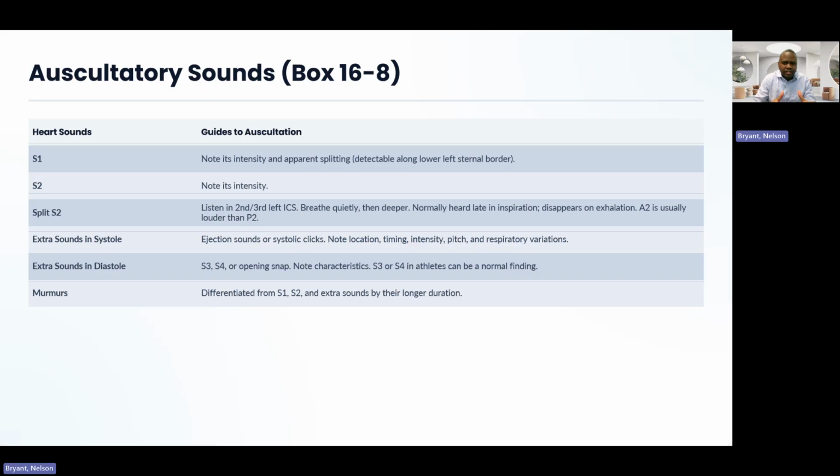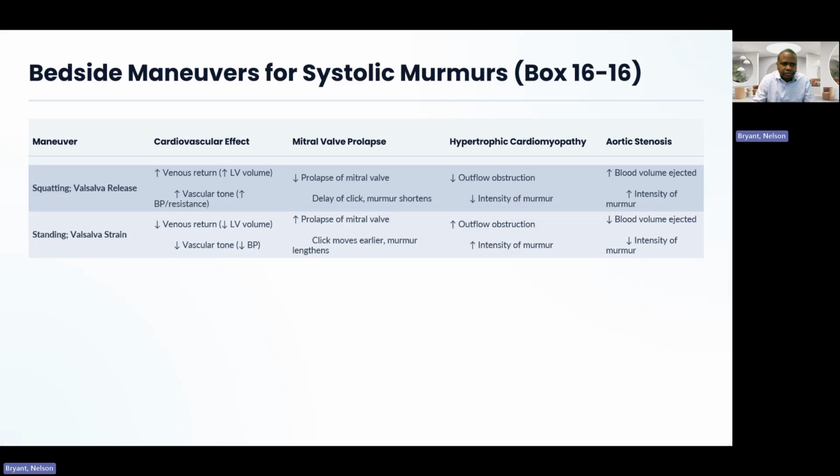So always characterize these sounds by their timing, intensity, pitch, and then the anatomical location. And you already know some of these sounds might be normal in some patients, for example, in athletes, in younger people or active patients.